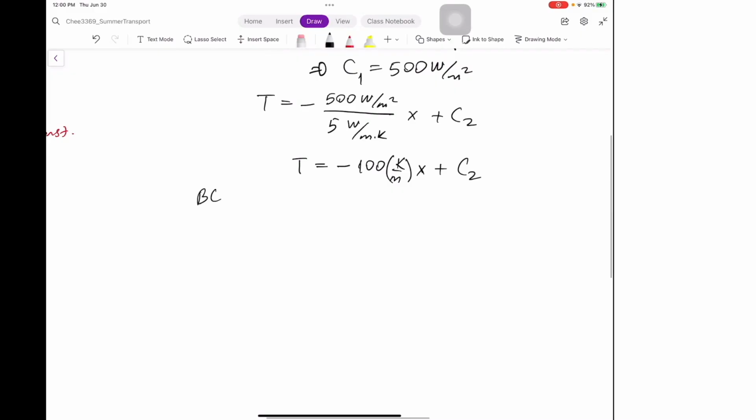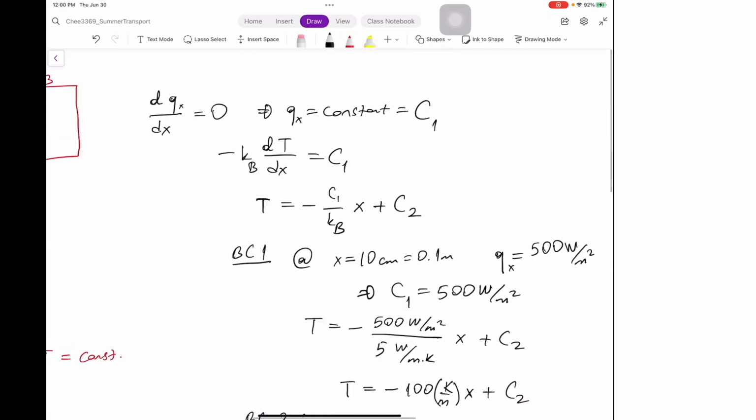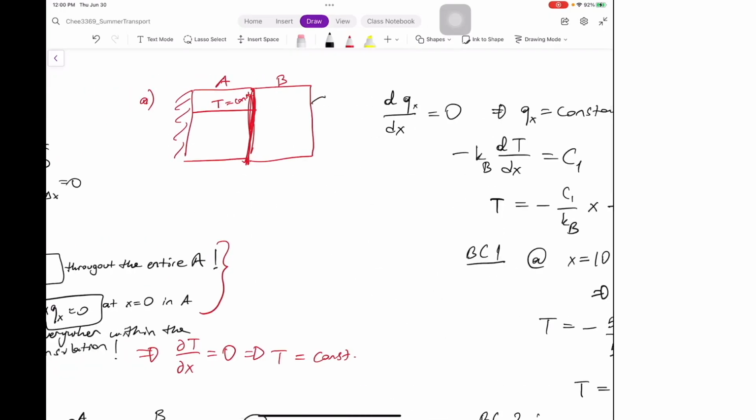And the boundary condition 2, we say that at the surface here, the H is equal to 25 watt per meter square Kelvin given, and the T air is 20 centigrade.